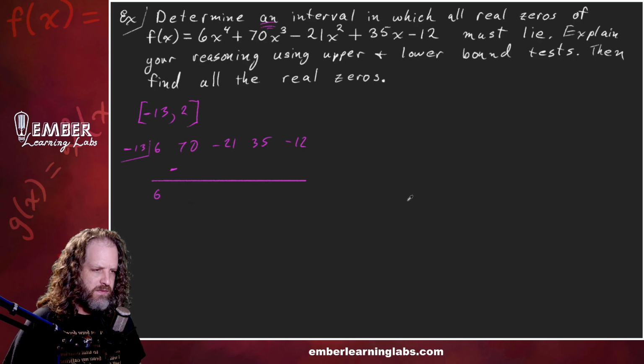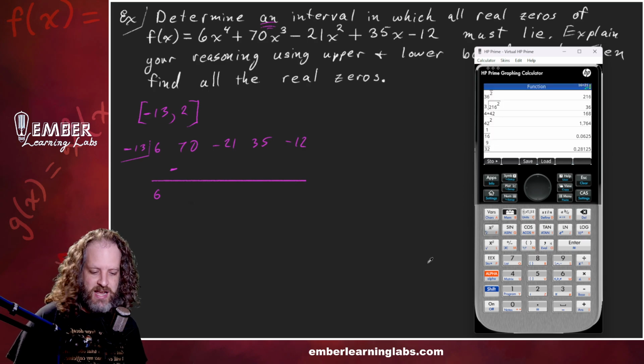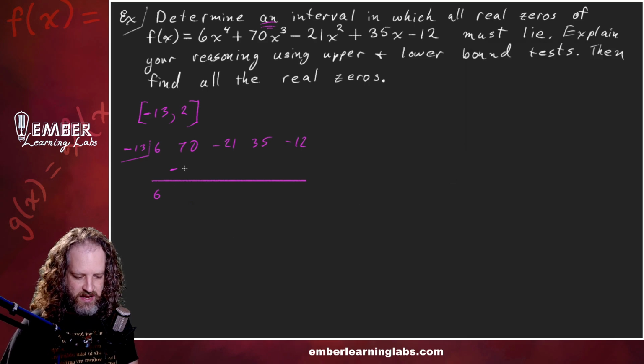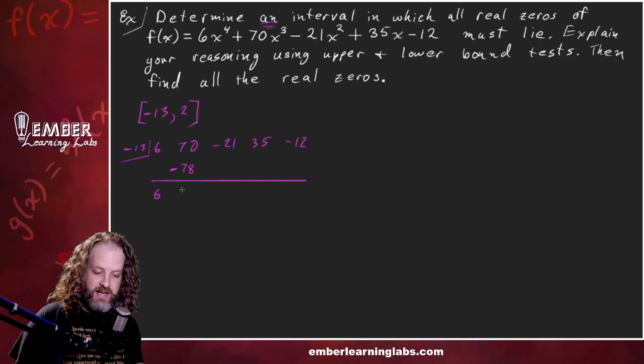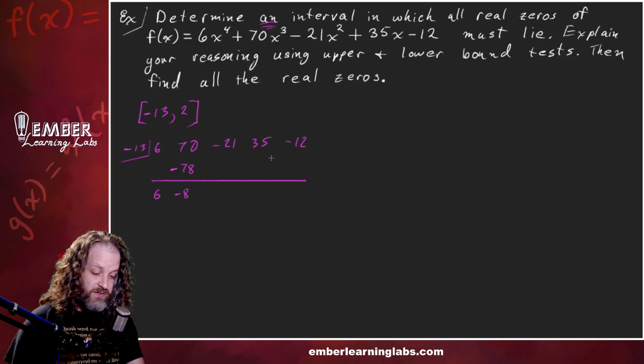I'm going to confirm all of these on the calculator just because I'm feeling like mistakes are liable to happen. So 6 times 13 is in fact 78, so negative 78. 70 plus negative 78 is negative 8. That's easy peasy. Negative 13 times negative 8 is positive something.